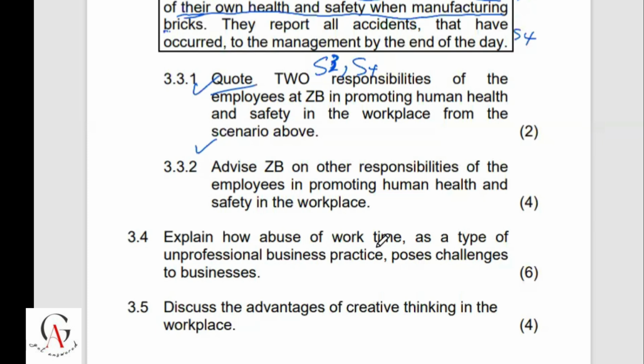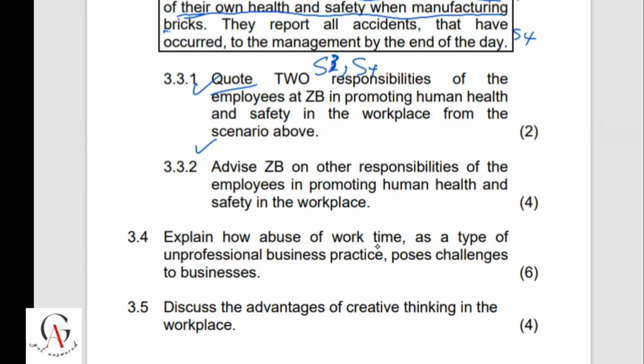So also cooperate and comply with the rules and procedures, for example, wearing prescribed safety clothing. Okay, right. So now we're saying that in this regard, they must actually cooperate and comply with the rules and procedures where they're expected to wear prescribed safety clothing or equipment.